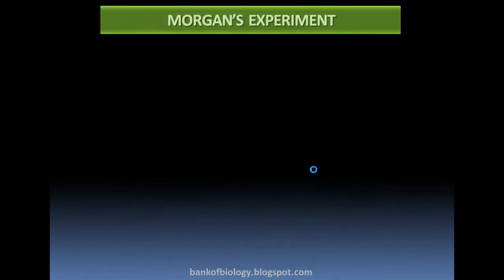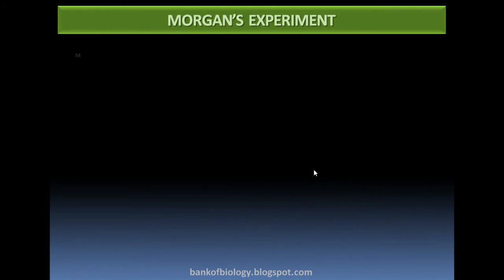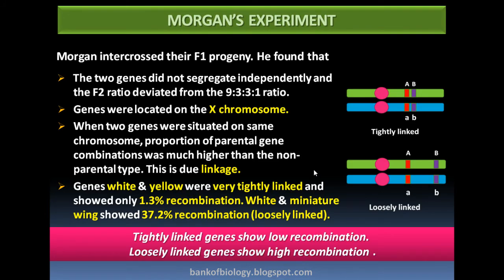So this was about recombination and linkage. Morgan intercrossed the F1 progeny, and he found that the two genes did not segregate independently, and the F2 ratio deviated from 9:3:3:1, and the genes were located on the X chromosome.